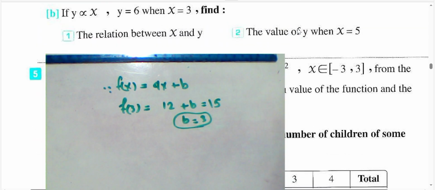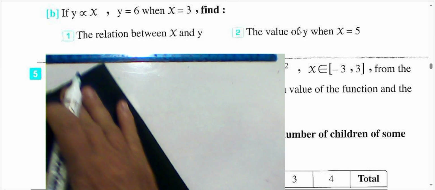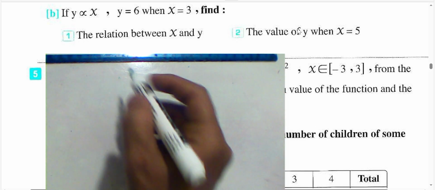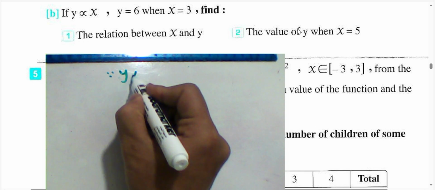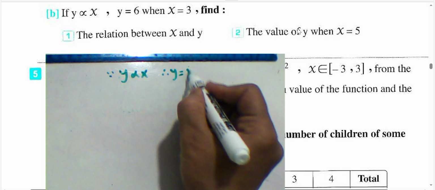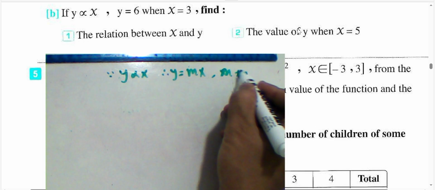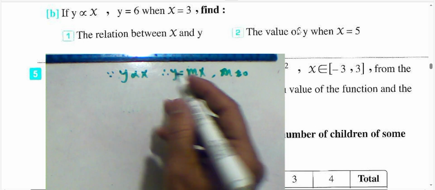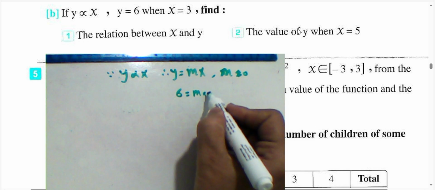Okay, next question down. We have direct variation between x and y. We want to find the relation first and then find y when x equals 5. Okay, first step: since y varies directly with x, then y equals m times x, such that m is a constant not equal to 0. Put y equals 6 when x was equal to 3.